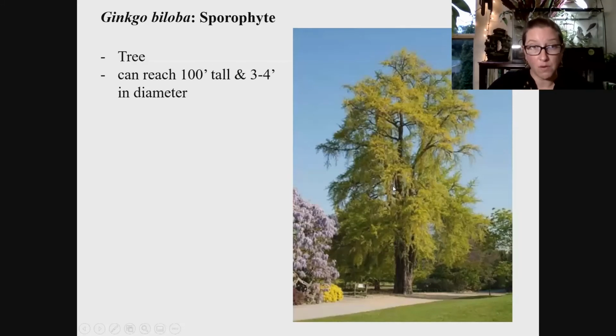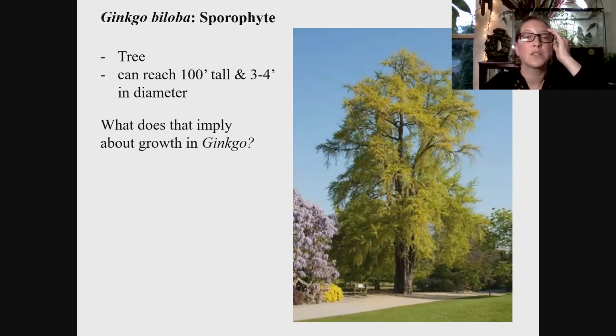They can get real tall and they can get real wide. So up to 100 feet tall and up to about 4 feet wide. And because you've already learned about stems, you're thinking, it's a tree and it gets so tall and wide, what does that mean about the growth of ginkgo?